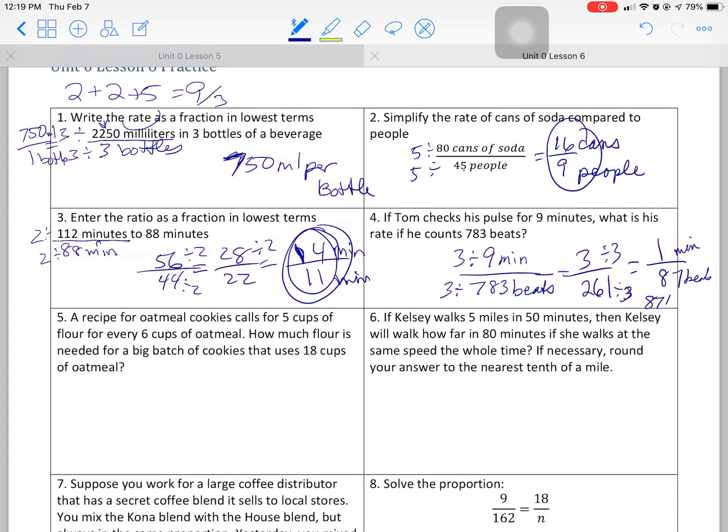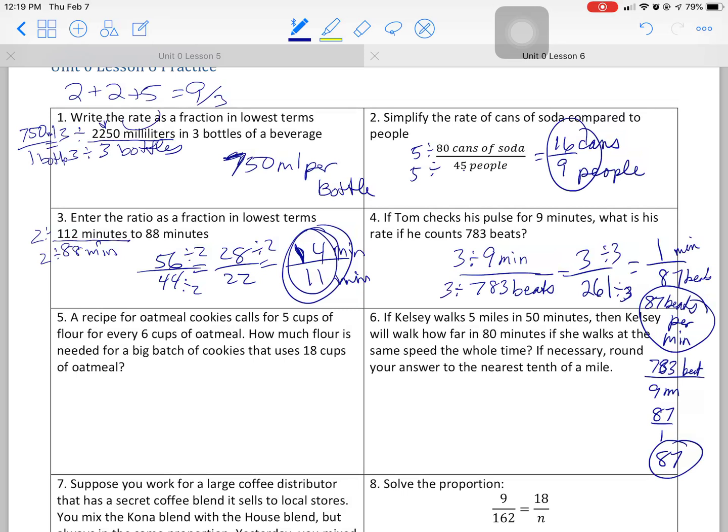You would say 87 beats per minute. So it's perfectly acceptable to go 783 beats per 9 minutes. And when you reduce it, you're going to get 87, and you can say 87 beats per minute. So either way, mathematically speaking, is correct for a rate, because it doesn't have the 2 in there.